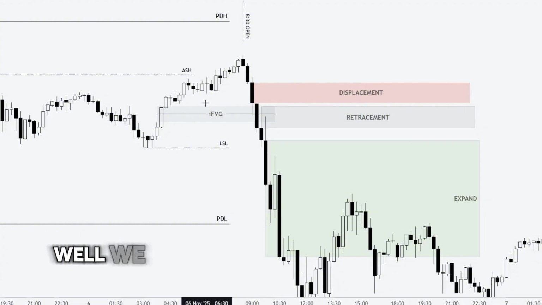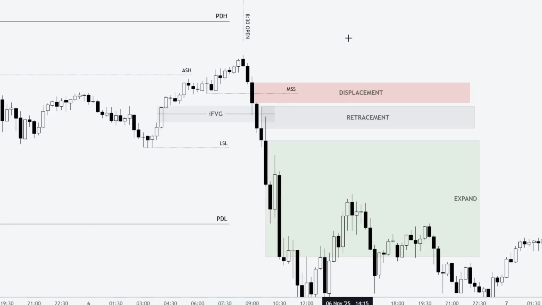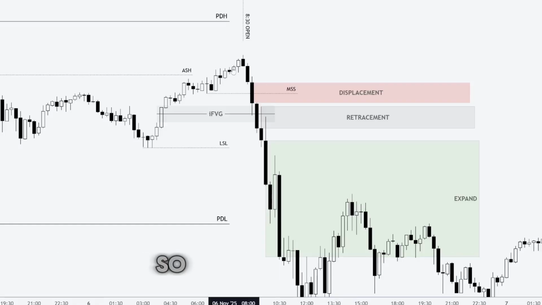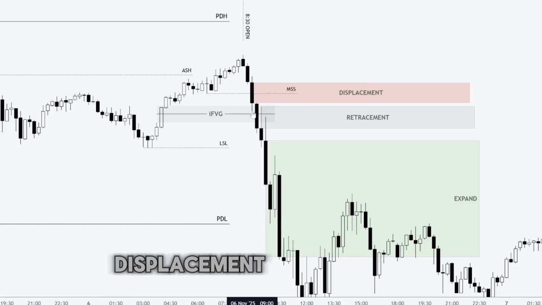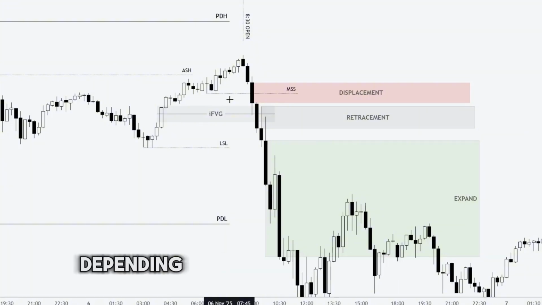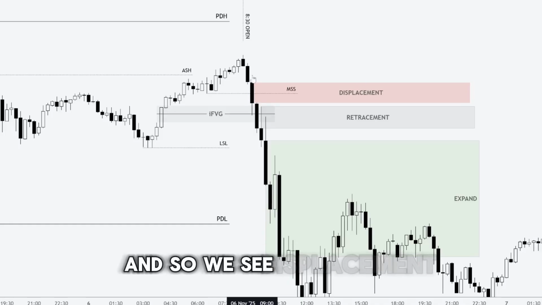Well, we have the previous swing low, most recent, which creates a market structure shift. So liquidity is purged, displacement, taking out the nearest swing low or swing high, depending on what we're going for. And that causes a market structure shift. And so we see displacement.